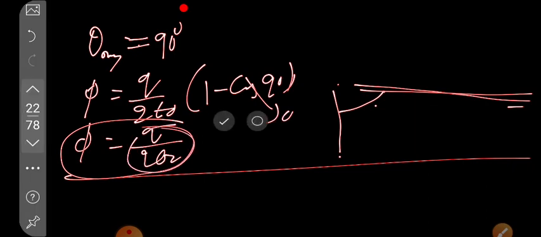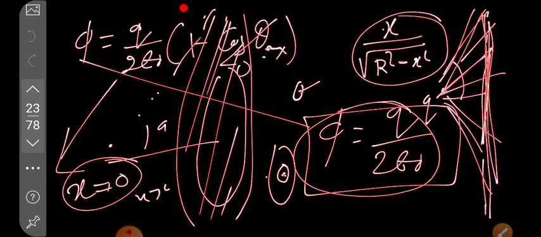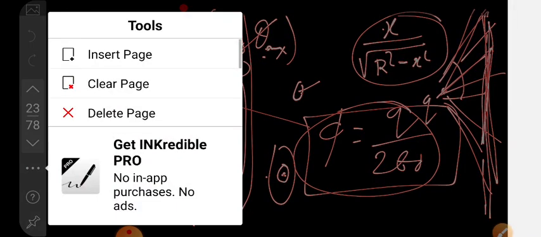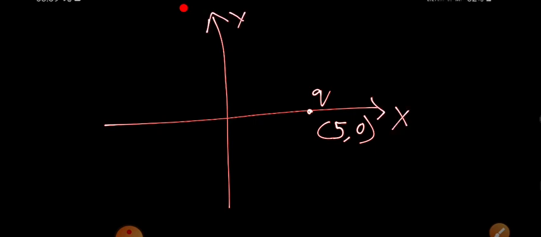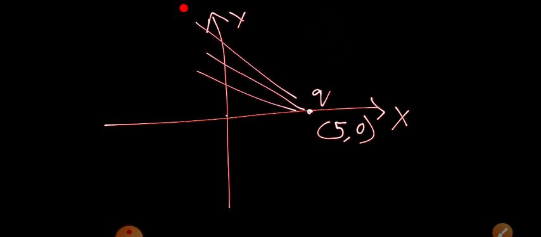We'll solve one such problem now. Let's calculate the flux due to a charge particle q placed at a distance of 5 on the x-axis, at coordinate (5, 0). This is my x-axis, this is my y-axis, so necessarily the upward direction will be the z-axis. Lines of force will be going like this from the charge particle.